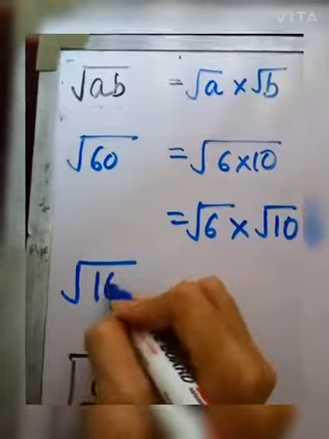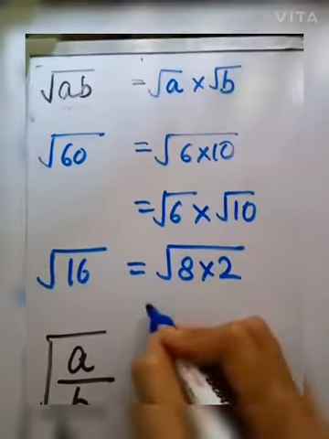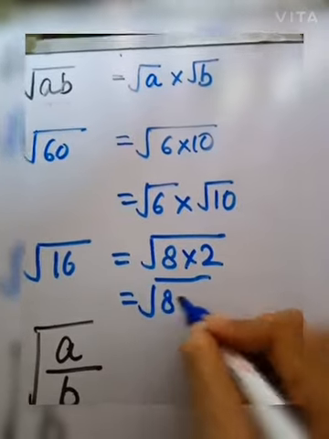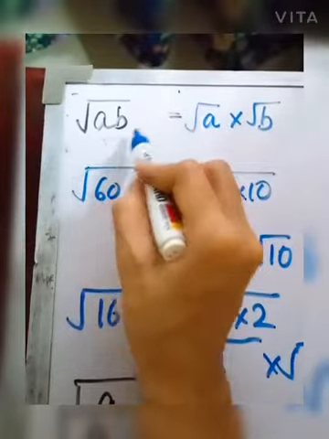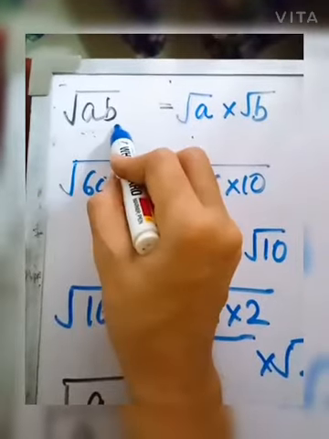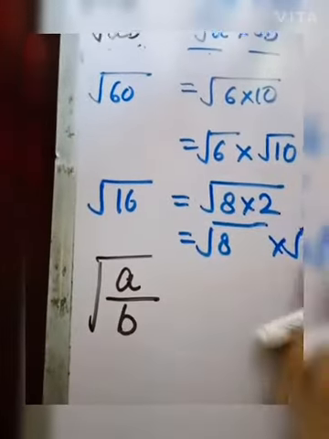Suppose we have 16, we can write 16 as 8 into 2 and further as root 8 into root 2. When there are 2 numbers in multiplication under the root, we can write them separately under the root. Now see another identity.